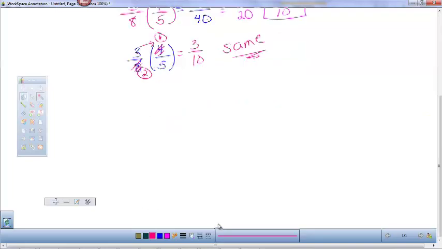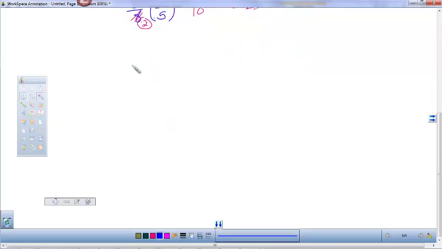Now when you have mixed numbers, when you multiply, like 8 and 1/2 times 4 over 5, this one you have to change first. To change, you take 2 times 8, so 2 times 8 is 16, and then plus 1, so 17.